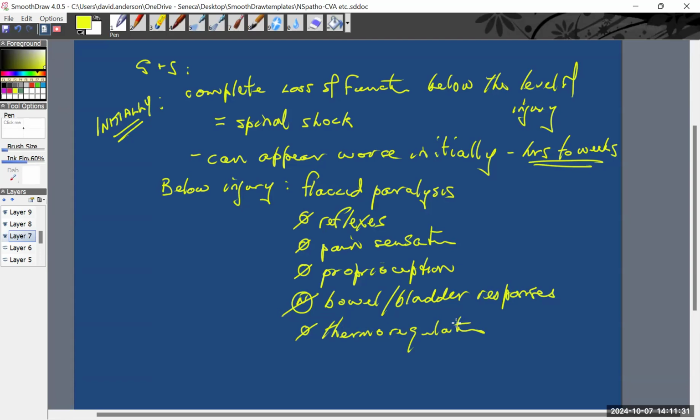Once the spinal reflexes return, it's described then as the end of spinal shock. Spinal shock is over when spinal reflexes return.